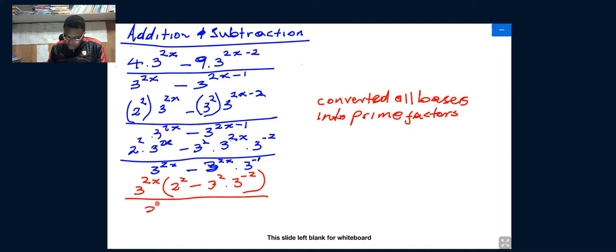We take out this factor, we'll be left with 1, subtract 3 to the power negative 1. There you go. I proceed with my blue pen now.